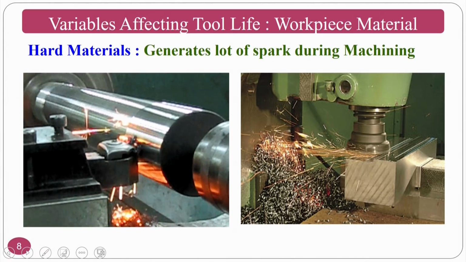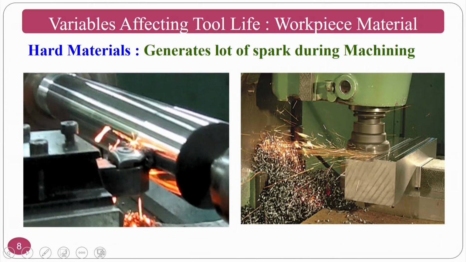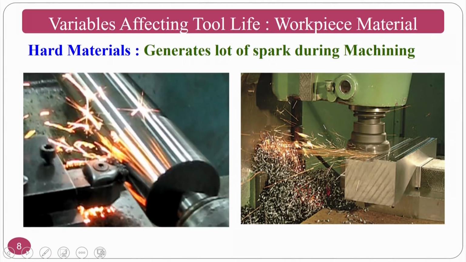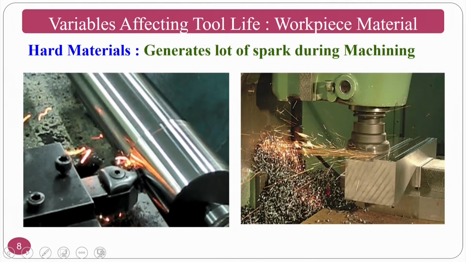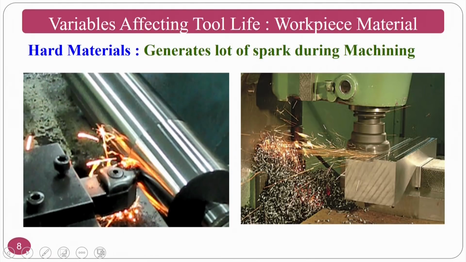Since the hardness ratio is very small, at the same time the interaction forces are very high, because of which you can see reddish chips coming out. At the same time, you see the process stops like this, or if it is continuous, you can see the chip is entangled there.